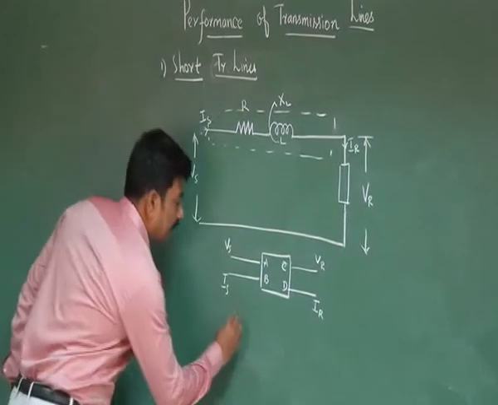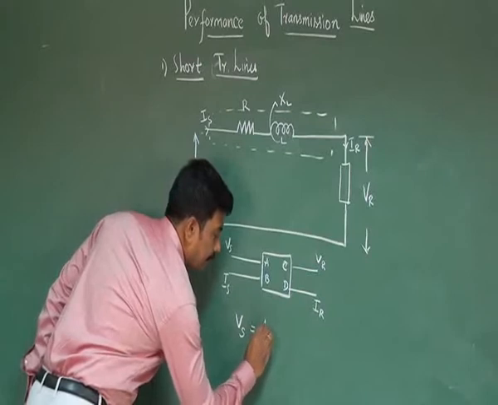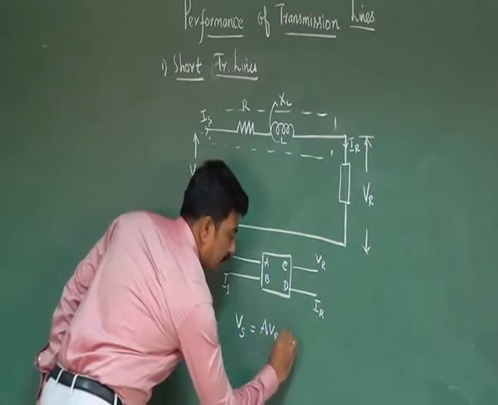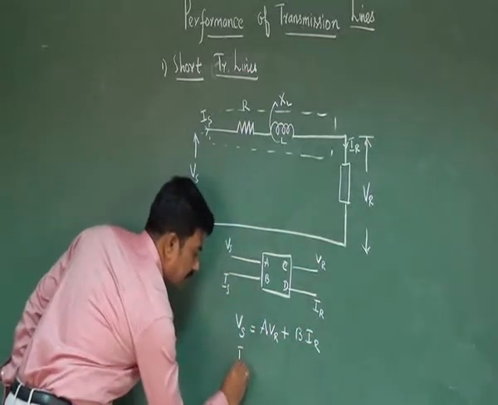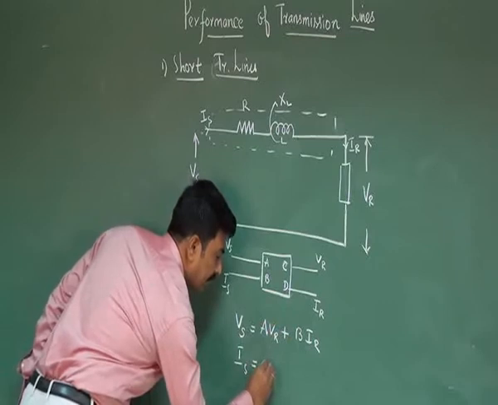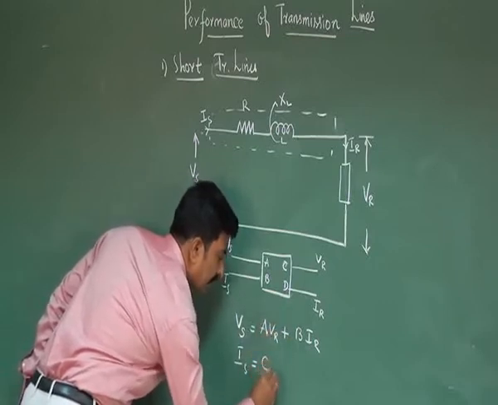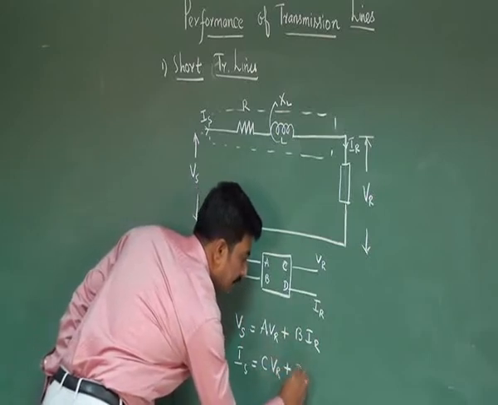How? That is, Vs can be written as A VR plus B IR. So Is can be related to receiving end parameters with the help of C and D parameters. C VR plus D IR.